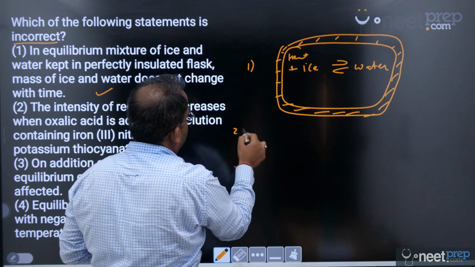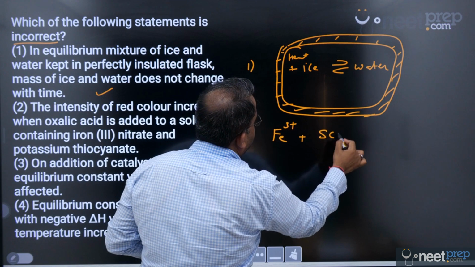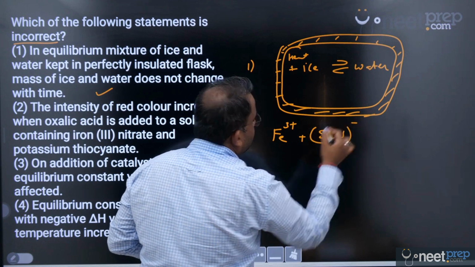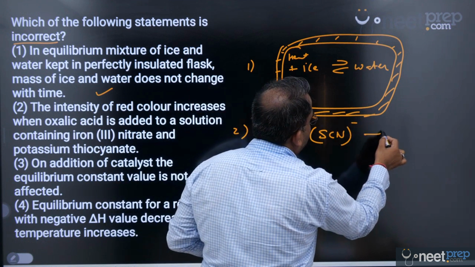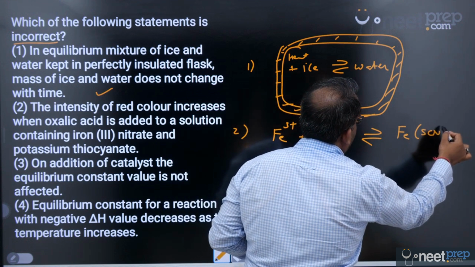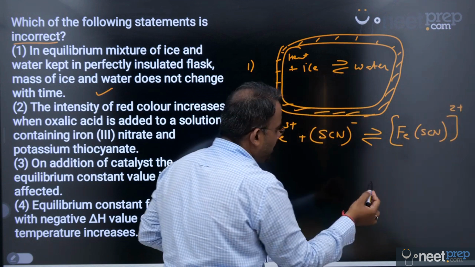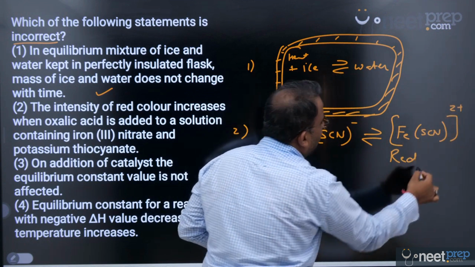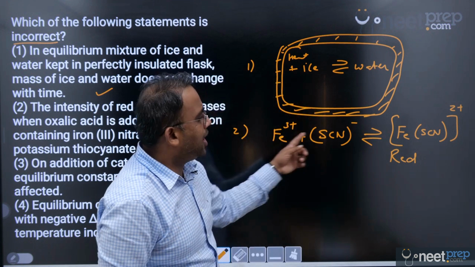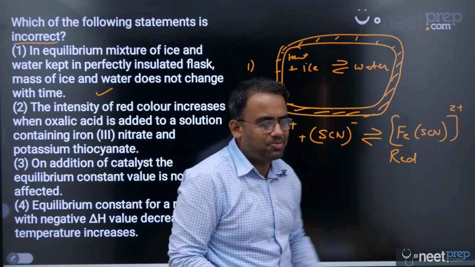Iron in +3 oxidation state, and this is my thiocyanate ion, and it combines to give us an imperfect complex. I don't know whether you are aware of imperfect complexes or not. All right then, no issues. Let's say we have a bonding here between these two ions. It is our cation and it is our anion. It is an imperfect complex.